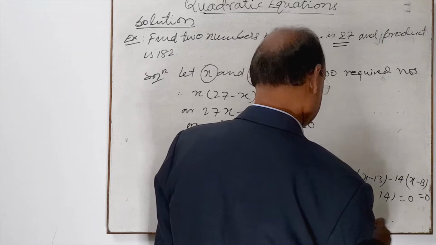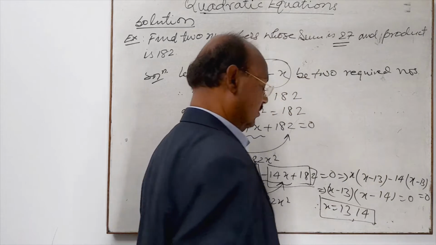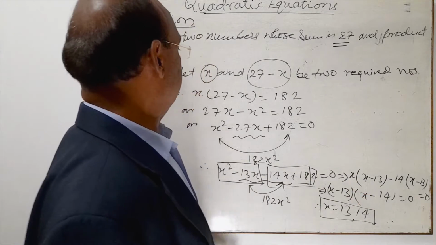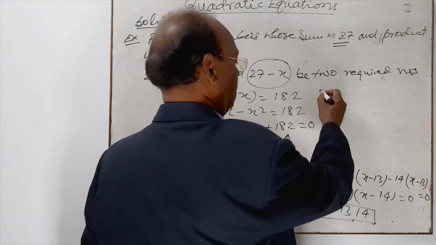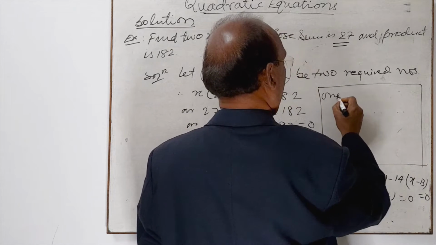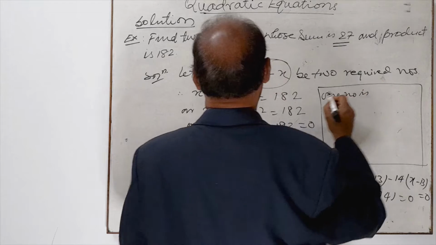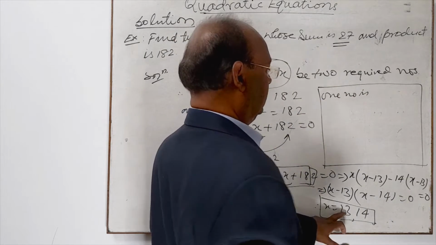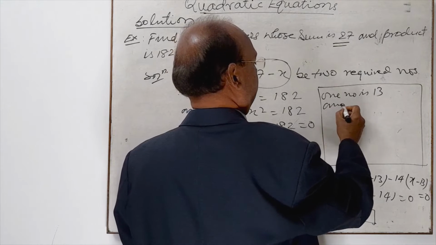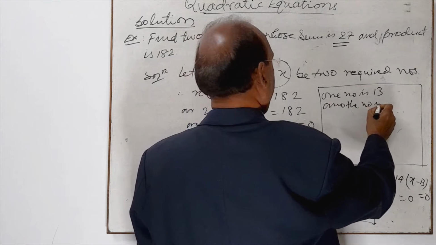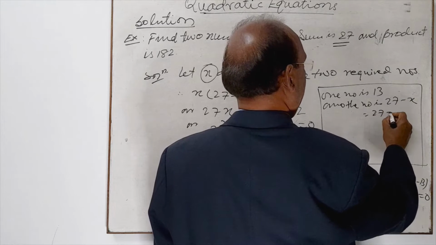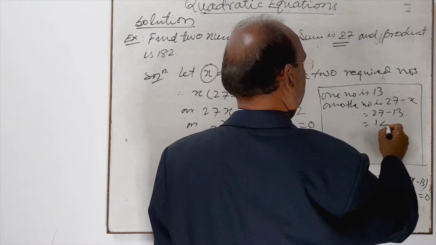So here we are getting two values of x. With the help of these two values, you can get the two numbers. So how to get the answer? One number is x. If you take 13, one number is 13 and the other number, 27 minus x, means 27 minus 13, which is equal to 14.